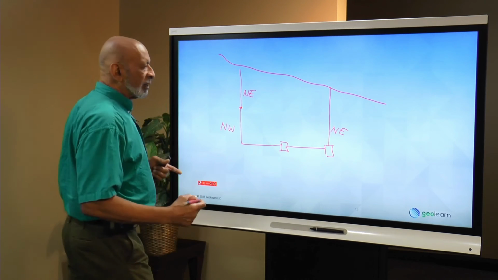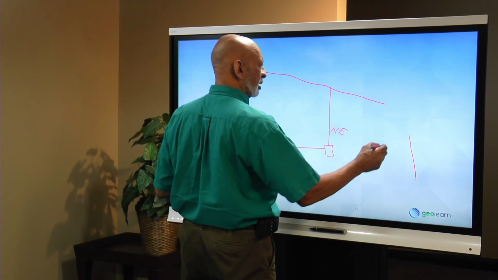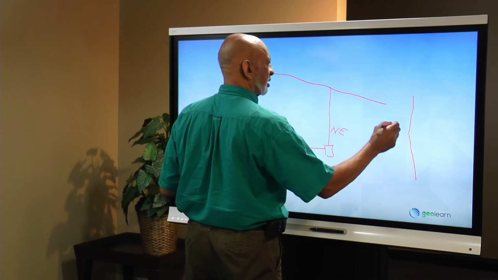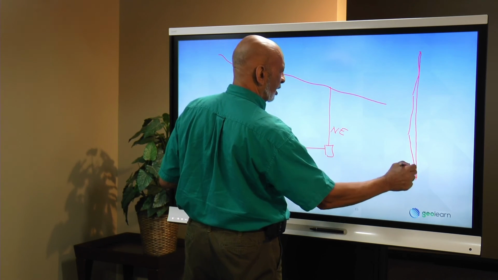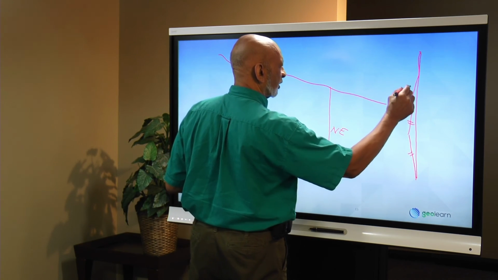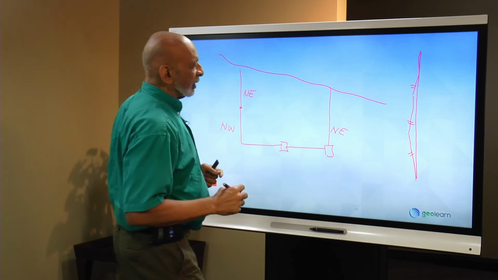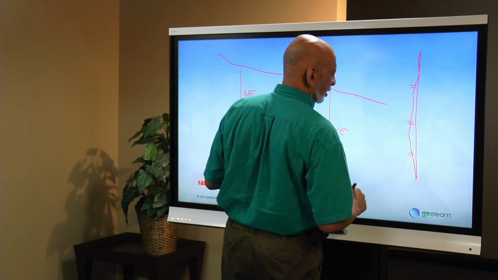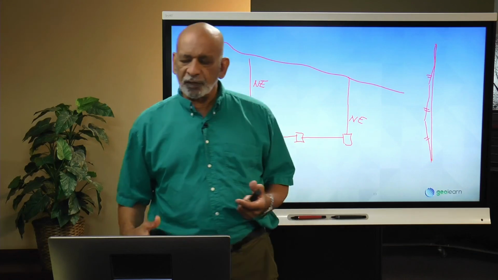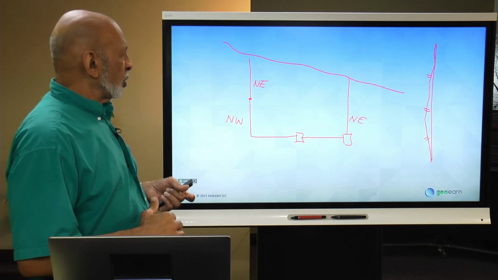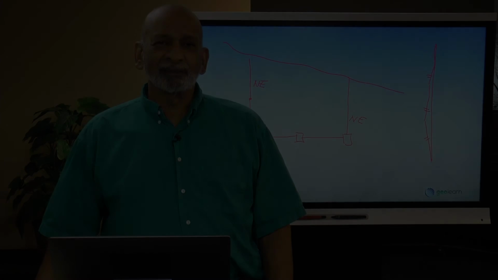So if we put them end to end, what you have is this line to the northwest, this line to the northeast, and this line to the northeast. And what you're doing is combining them, and you're weighting it by the lengths of these lines. And that's what you're after, not the length, but the direction of that particular line. And that's what a vector sum means if you studied vector algebra. So with that, we will end this particular course.